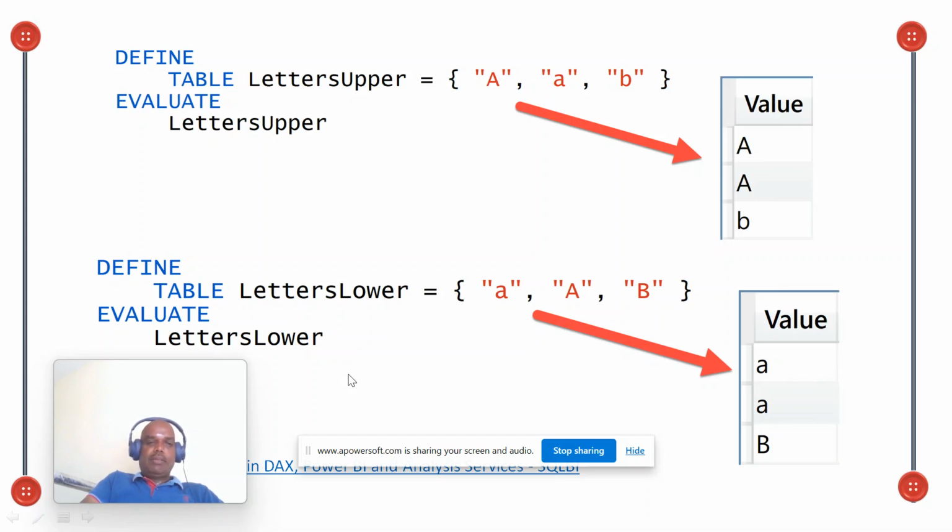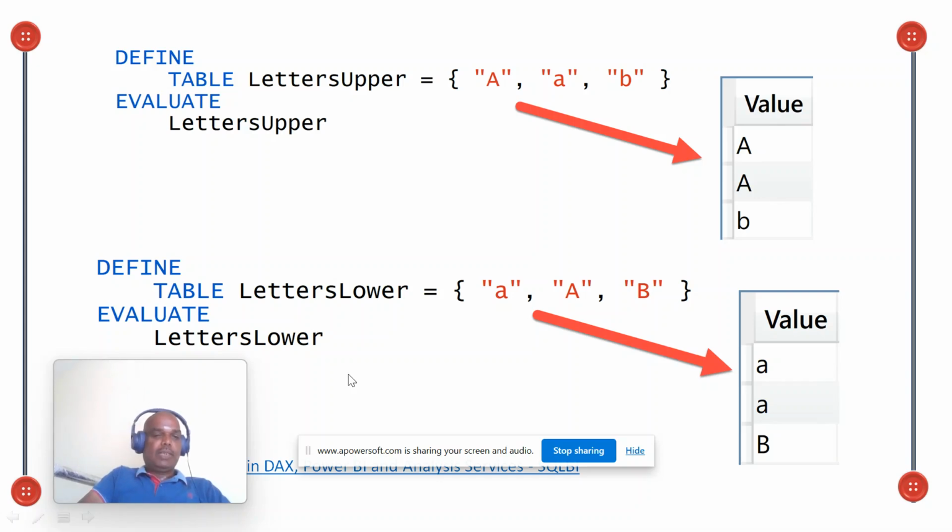Why this happens is because the Power Query engine takes the first conversion, whatever the conversion logic, and that will display successfully, irrespective of your uppercase and lowercase. So be careful when you are doing uppercase and lowercase with any kind of string or something else.